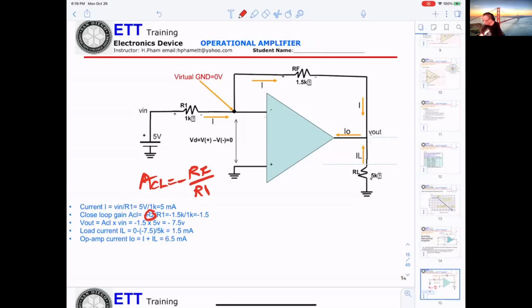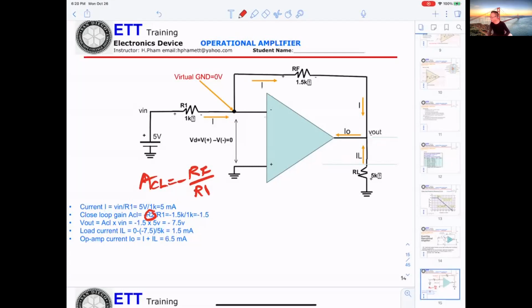And if you want to calculate the load current, you take V out divided by 5K. You get 1.5 milliamp. And finally, if you calculate the total current of the op-amp, you take I plus IL. You get 6.5 milliamp.